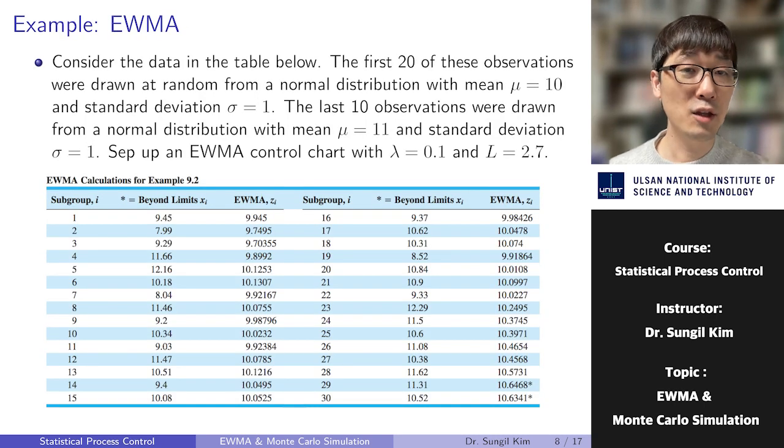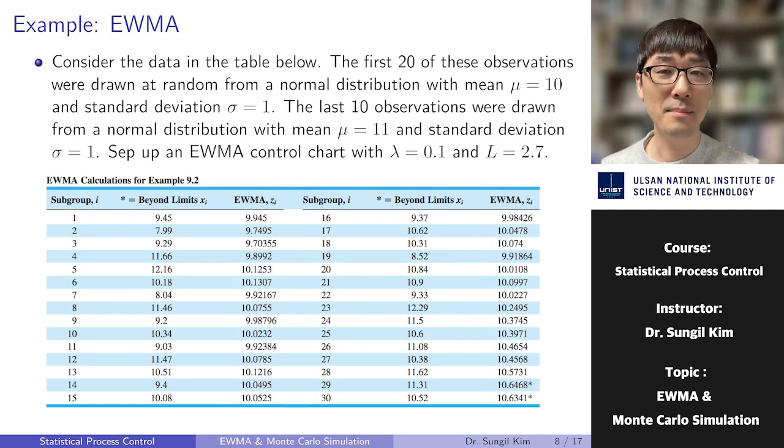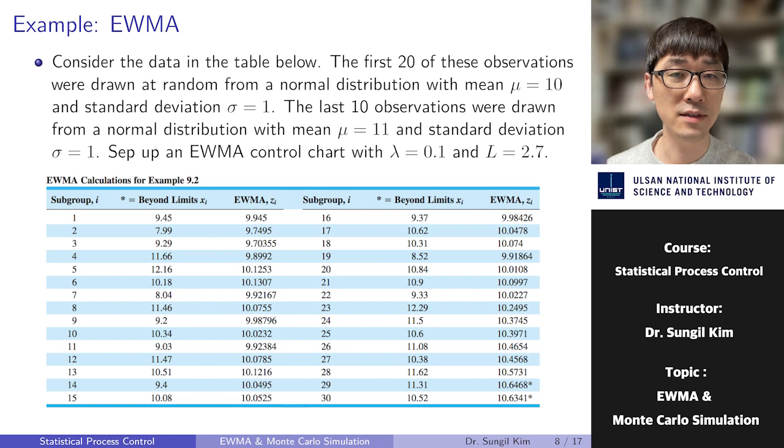And let's apply EWMA to the same example. As the table shows, zi values are computed for 30 observations. Here we use lambda equal to 0.1 and L equal to 2.7 to compute the control limit. The results show that a mean shift in the process was detected at the 29th observation, which is the same result as the CUSUM chart.